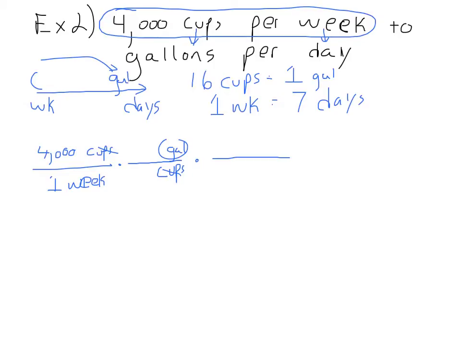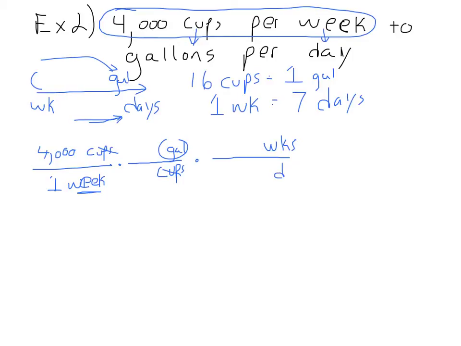We need to convert our weeks. Well, if weeks is in the denominator, where does weeks go in this next fraction? You should have said weeks has to go in the numerator in order for it to cancel. And then after weeks, the question is, what do we fill in the bottom for units? Look at your roadmap. That's why we make the roadmap.